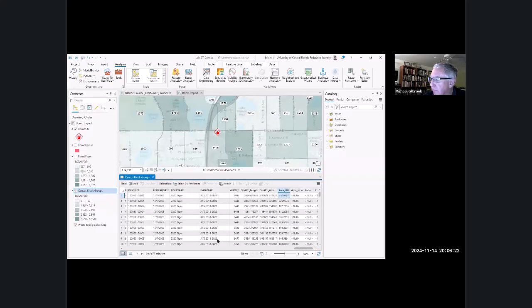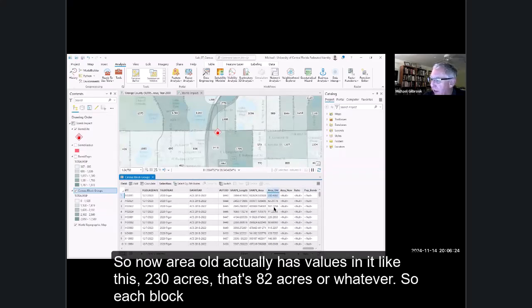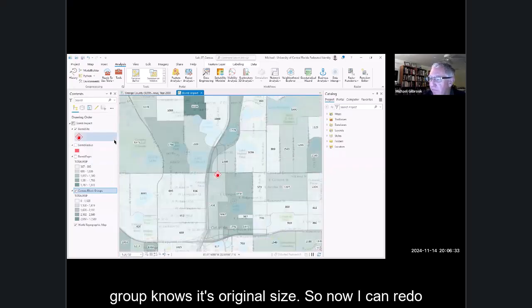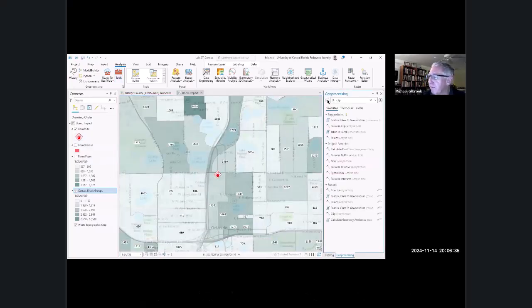All right. So now area old actually has values in it, like this is 230 acres, that's 82 acres or whatever. So each block group knows its original size. So now I can redo that clip.